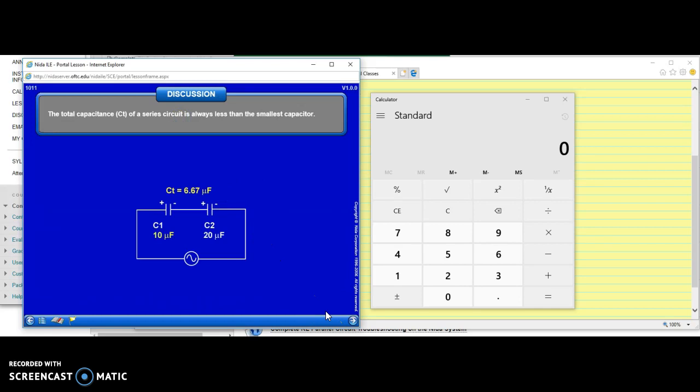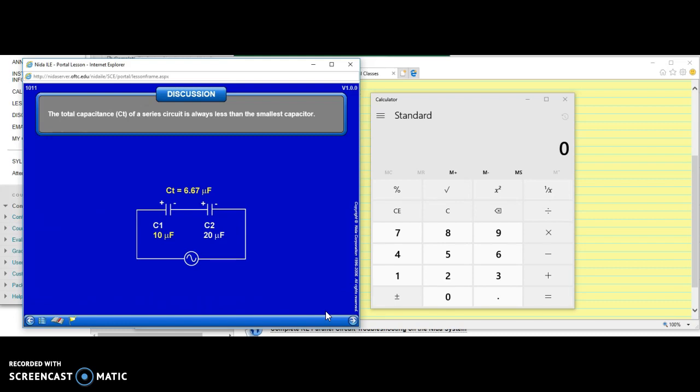Alright, just like resistors, the total capacitance of a series circuit is always less than the smaller. Now that's backwards to resistors, because in resistors it's in parallel that the overall value of the resistance is always lower than the lowest resistor. Well, capacitors are a little different.